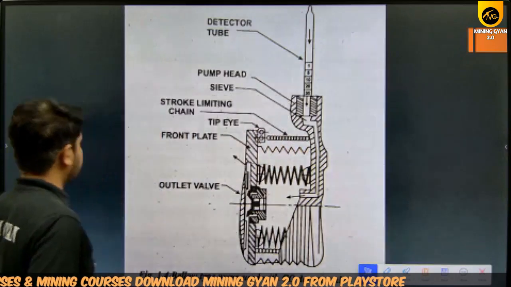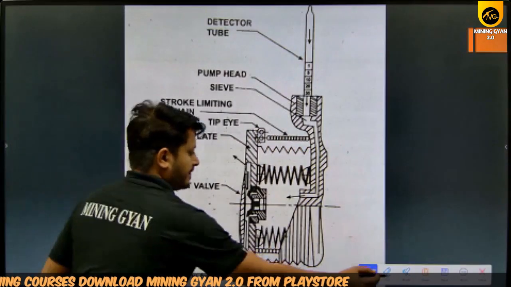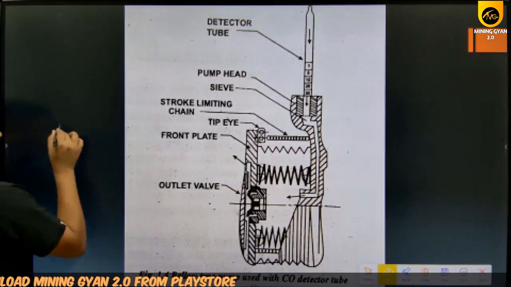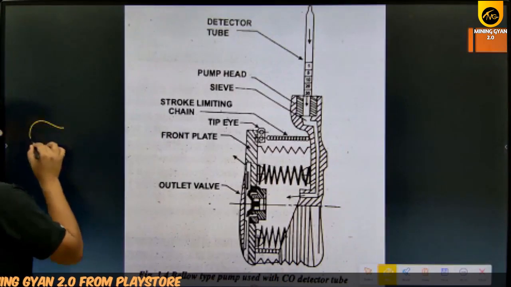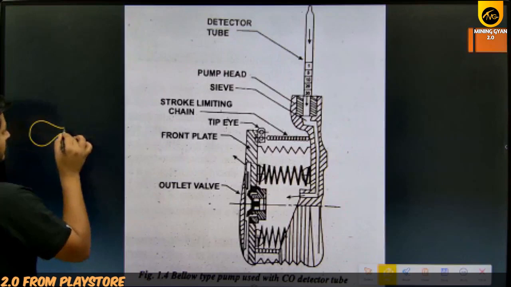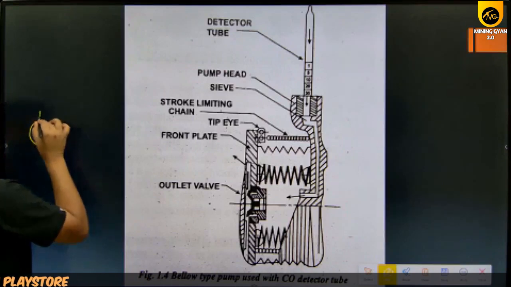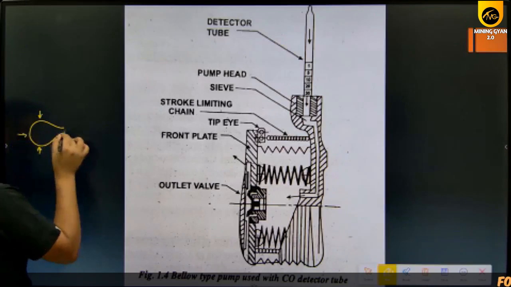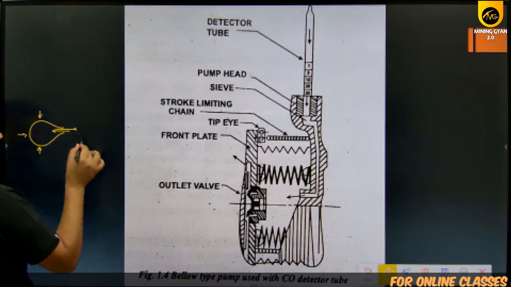The shape of that aspirator bulb is like this. We press this aspirator bulb from all sides so that it takes air in and throws air out.